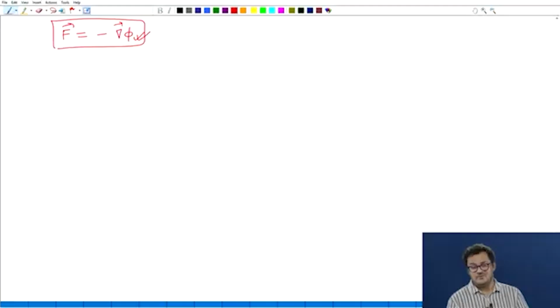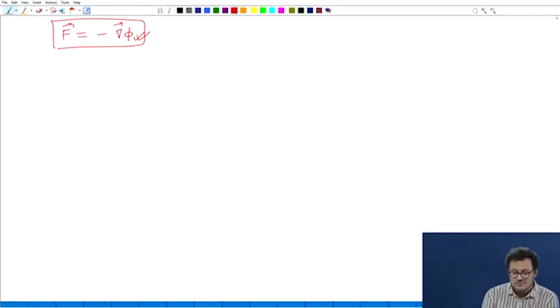That means, given the force function, can we also find out the corresponding phi, and can we at all verify whether there is a potential function associated with this? In other words, given a force field, can I check whether this force field is conservative or not? All these questions can be answered if you can calculate the corresponding phi.